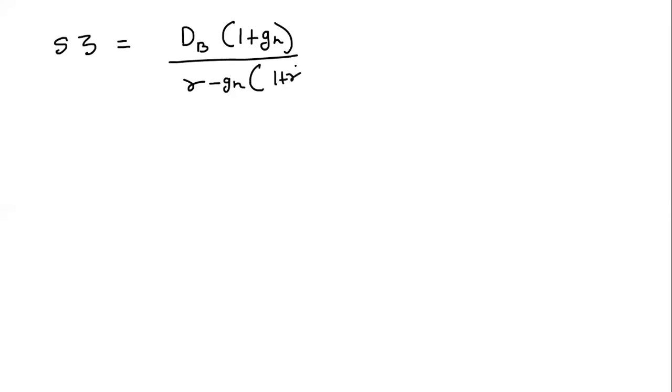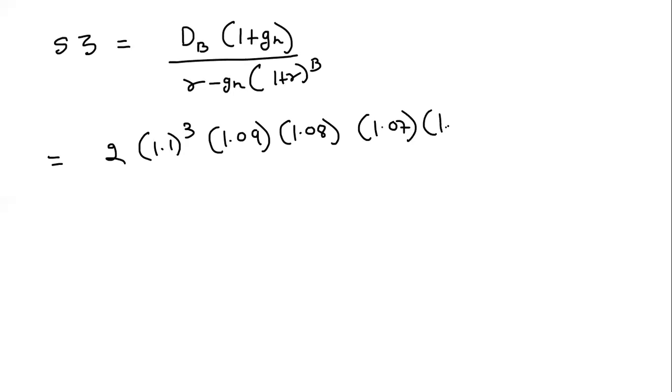Next let's move to step 3. The formula is D B (1 plus Gn) divided by (R minus Gn) (1 plus R) raised to B. So the 2 is still the dividend, up to 7 years, and 1.1 raised to 3, then 1.09, after that 1.08, 1.07 and 1.06.